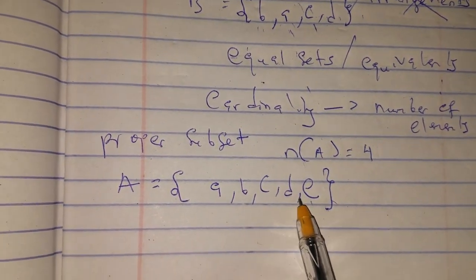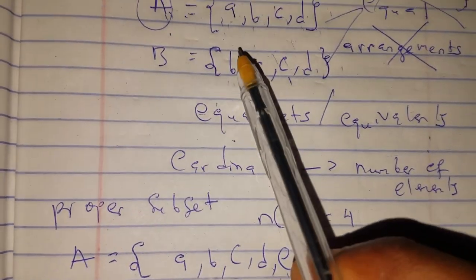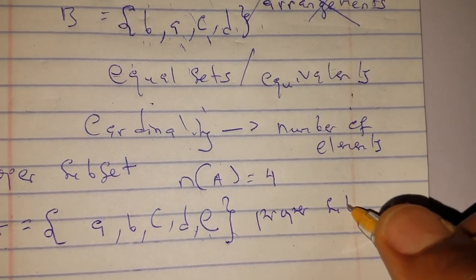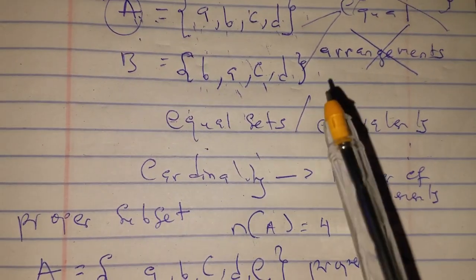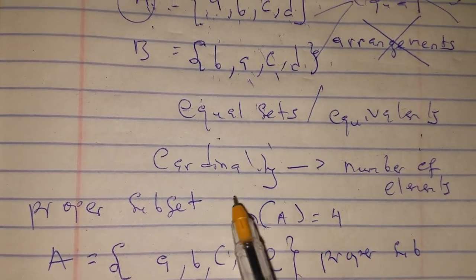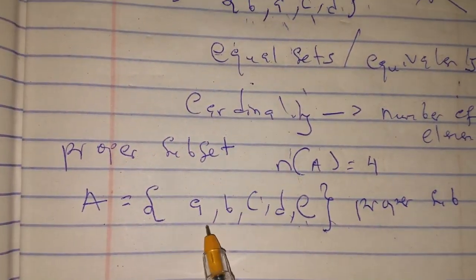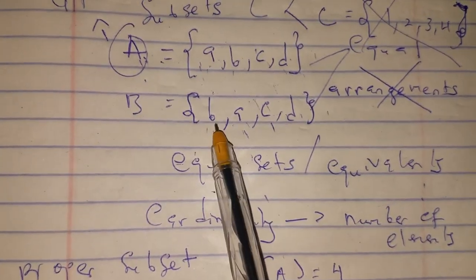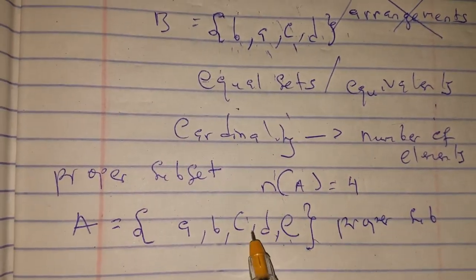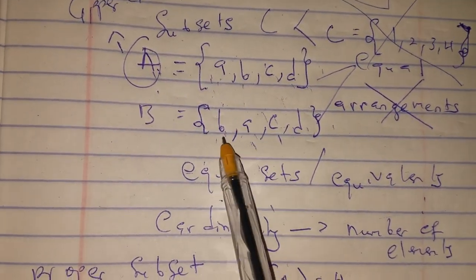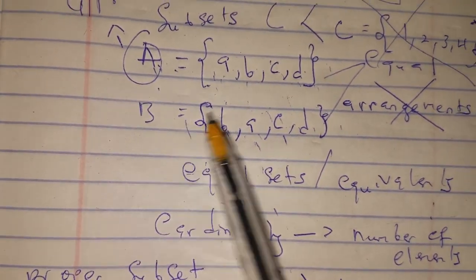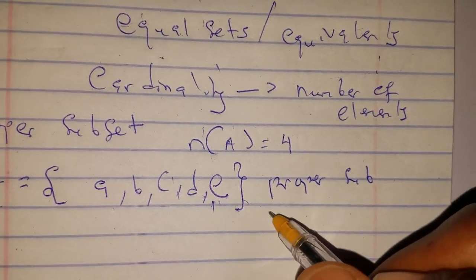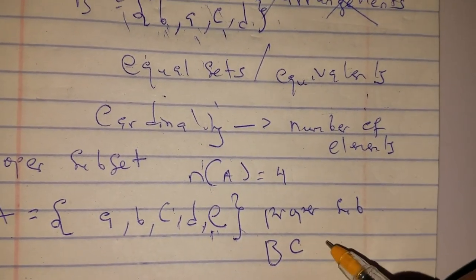Now set B becomes a proper subset of A. Do you know why? Because set A has all the elements that set B has, but set B doesn't have all the elements set A has. It lacks E, which makes set B a proper subset of set A.